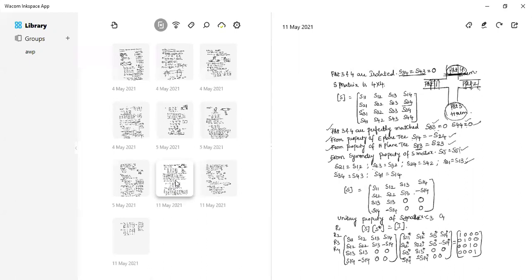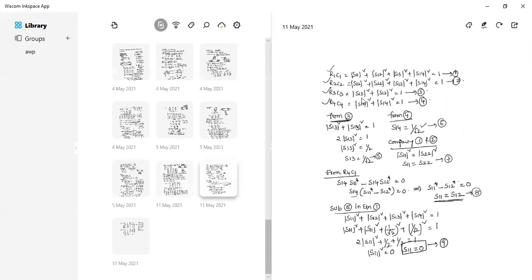Since it is a 4-port device, the S matrix is always a square matrix. It's a 4 by 4 matrix. So we have taken a 4 by 4 matrix and we applied the conditions one by one. Finally, we have achieved this by this procedure.